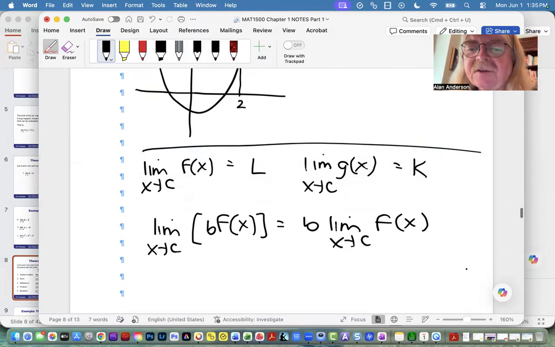You basically factor out the b, that's all. Okay, so remember the b is a constant.